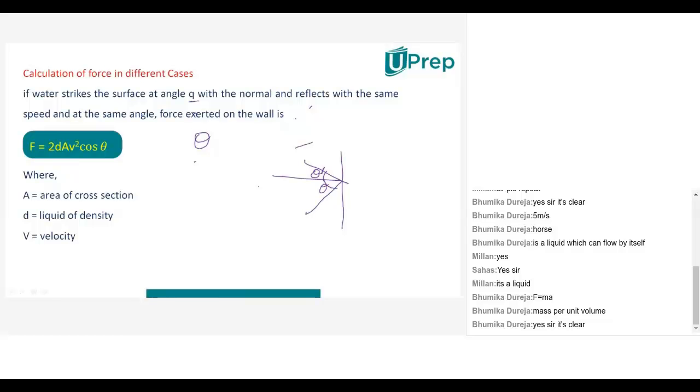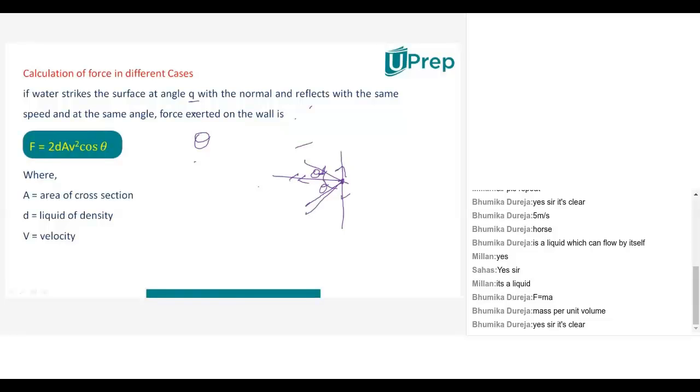Now water is coming like this and hitting here, and when it is hitting here, some force will be applied, and that force will be a vector. When it is a vector, it can be resolved into two components: one is called the vertical component and the other is called the horizontal component. When water is leaving here, also some force will be acting, and that force again will be resolved into two components, one vertical and another horizontal.